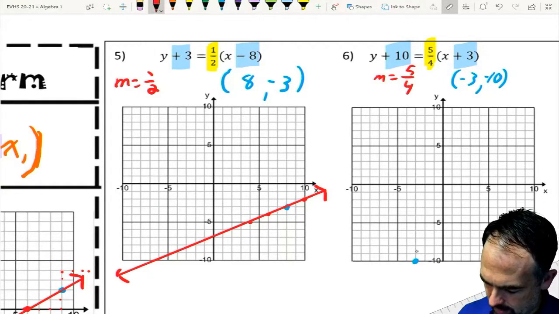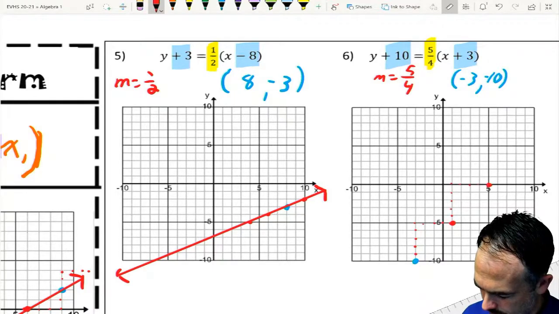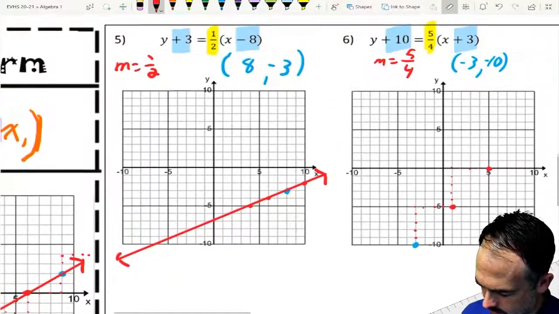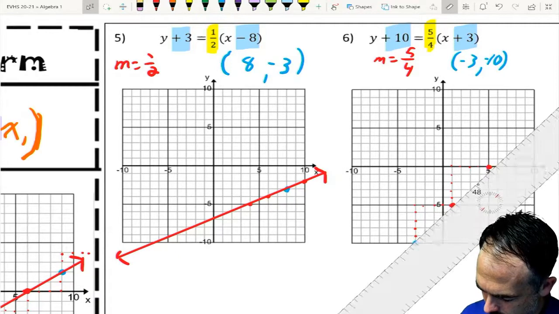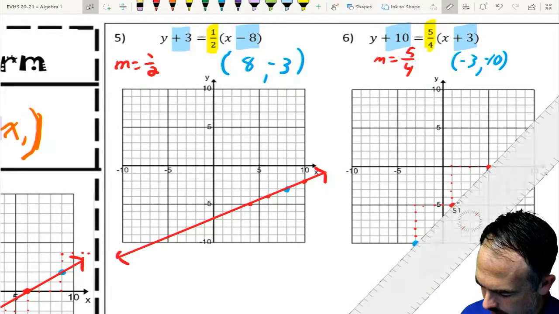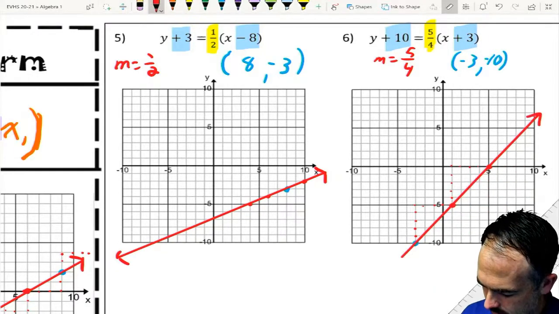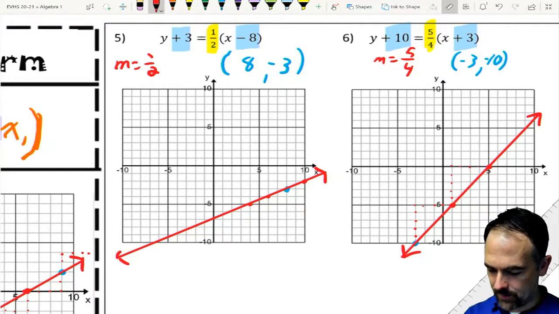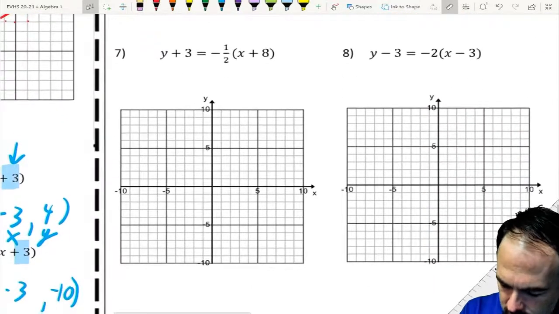Now I'm going to rise 5 and run 4. 1, 2, 3, 4, 5. 1, 2, 3, 4. Oops. And then just draw the line. Sometimes my ruler is kind of more effort than it's worth. But I want nice, crisp, straight lines. So there we go.